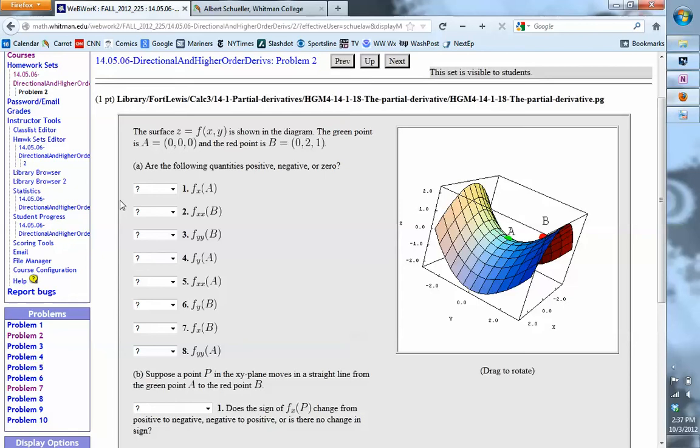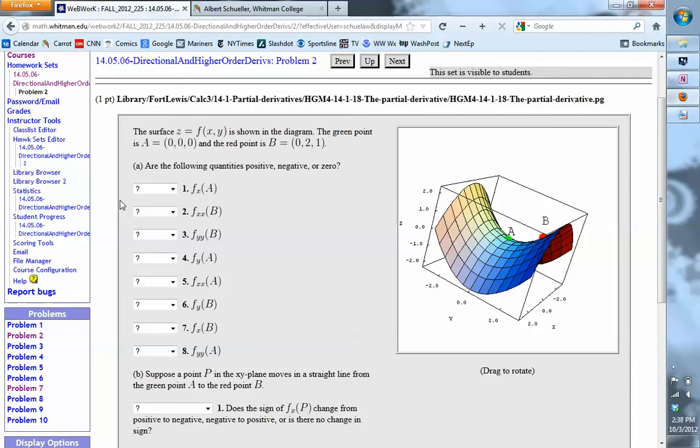In Calc 1, you learned that if the second derivative was positive, then it was concave up, and if it was negative, then it was concave down. And that would tell you something about whether it was a maximum or a minimum. So you could use the second derivative test. That exact same intuition carries over here.